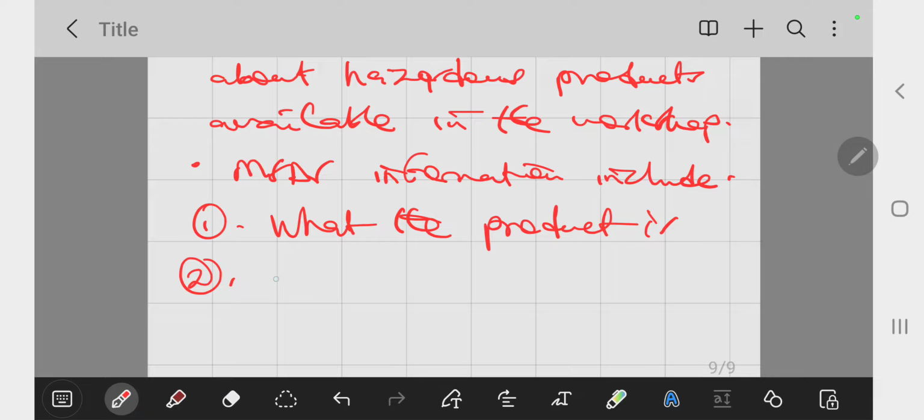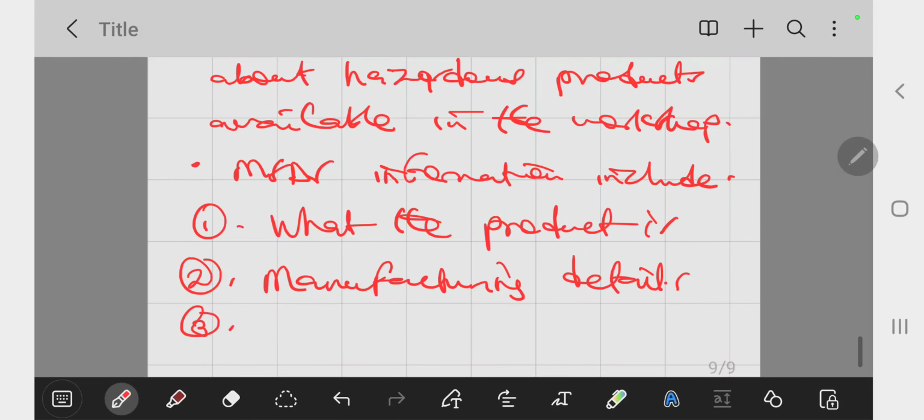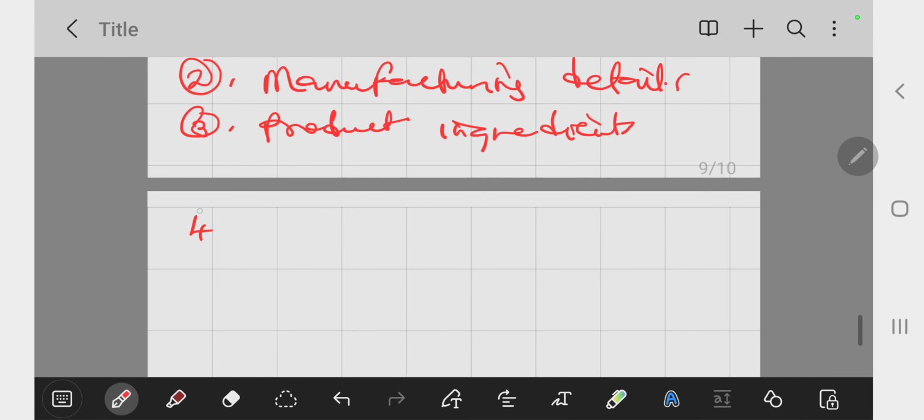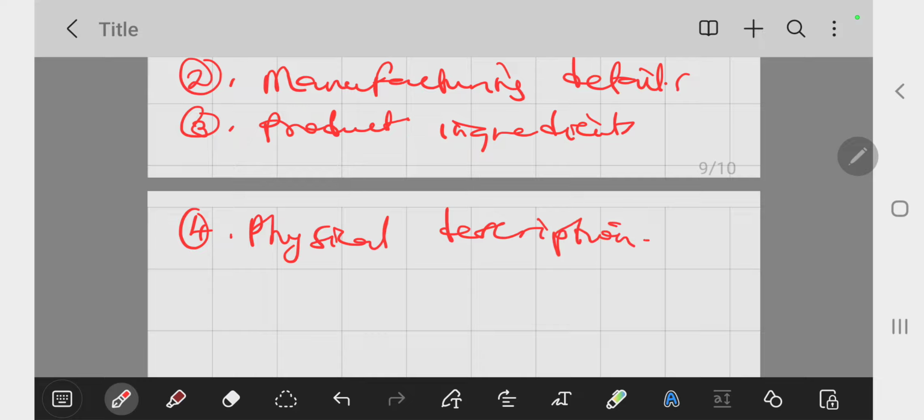Number two, the manufacturing details. Then number three, product ingredients. Then number four, physical description. Then number five, potential health hazards.